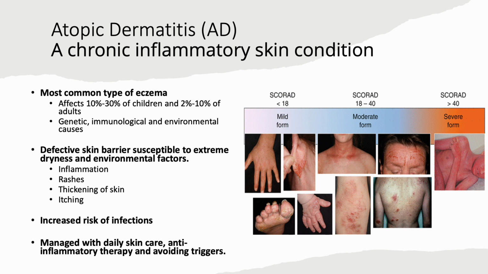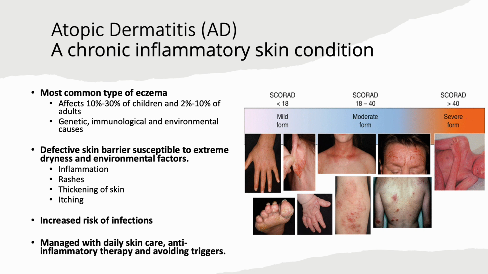And it's basically caused by a defective skin barrier that becomes extremely susceptible to dryness and environmental factors. The main symptoms are inflammation, rashes, thickening and hardening of the skin, and itching, which can lead to bleeding of the skin. Of course, this leads to an increased risk of infection.